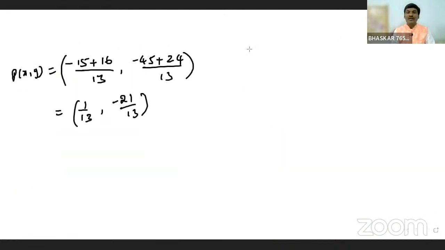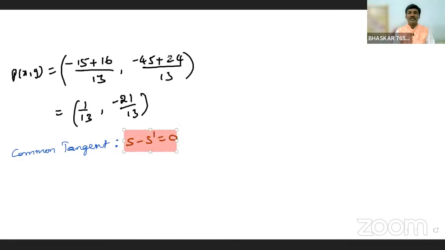So now the common tangent. What is the formula for finding the common tangent? S minus S dash is equal to 0 is the formula for finding the common tangent: first circle minus second circle.